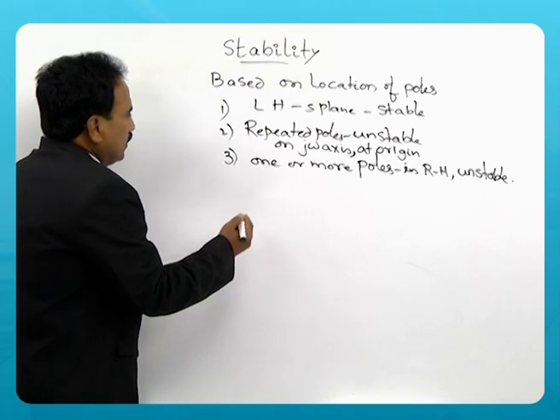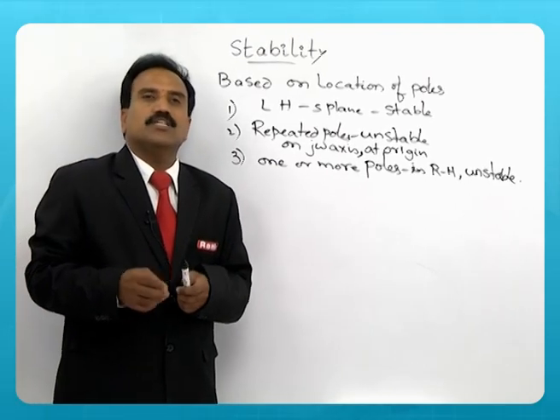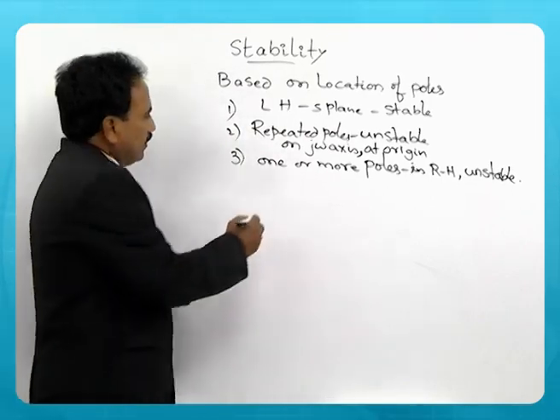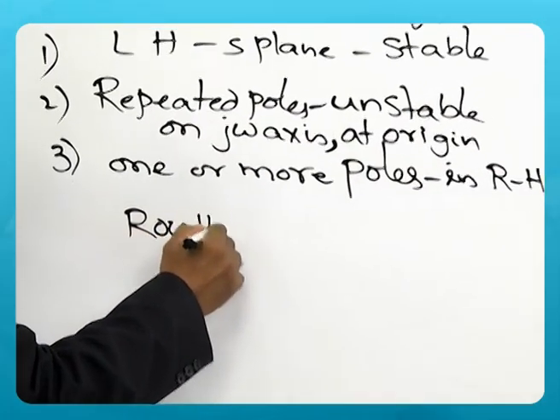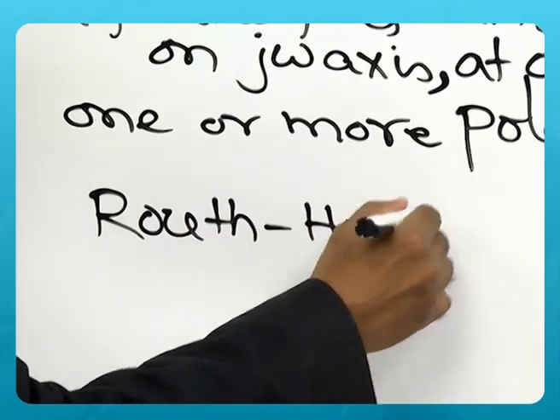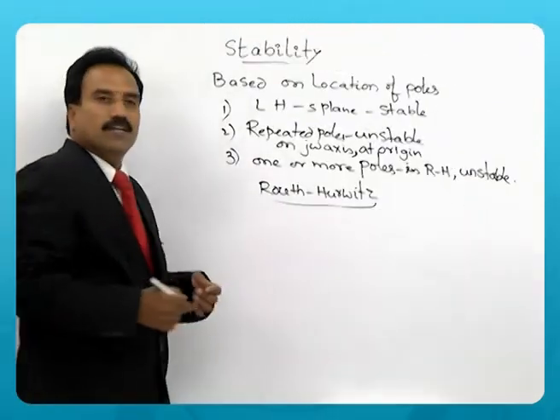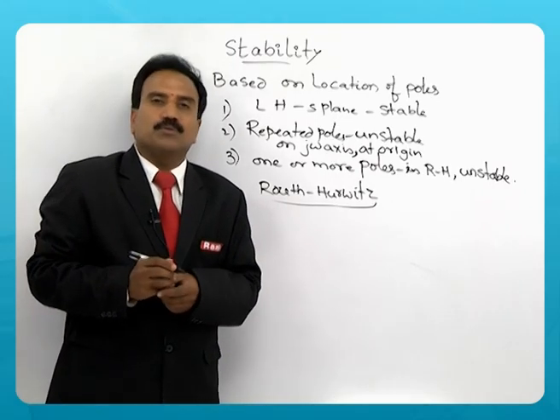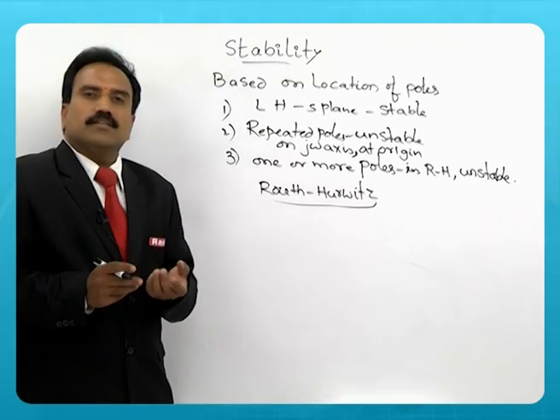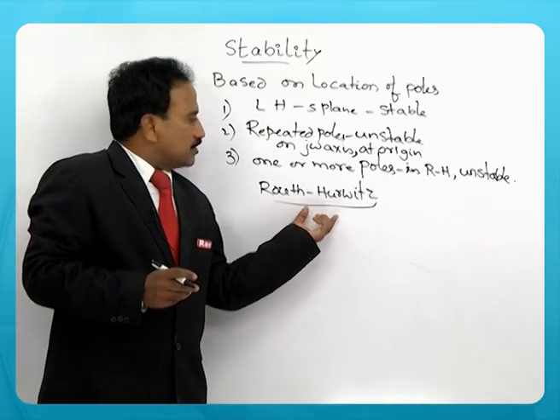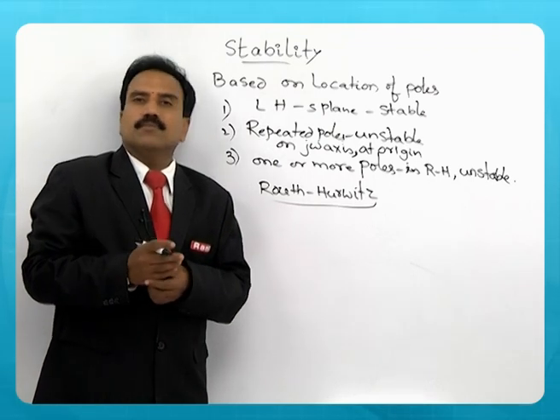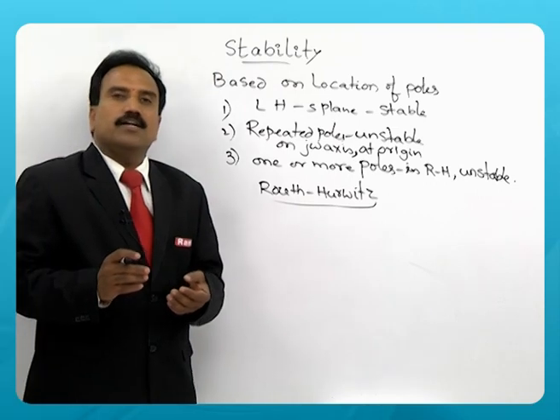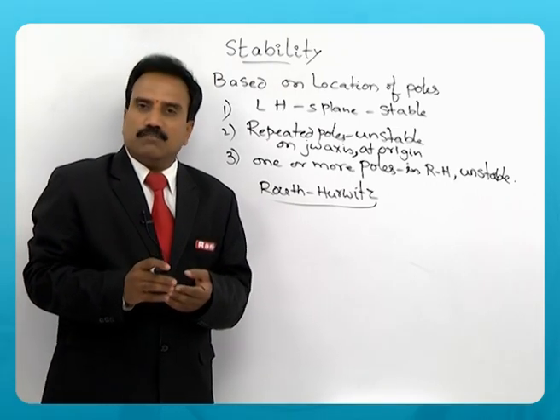In this topic, what we are going to see is the stability criterion defined by Routh and Hurwitz, who developed a stability criterion in an algebraic approach. According to this RH stability criterion, we need to form an RH table, called Routh's array, and for that we need a characteristic equation.